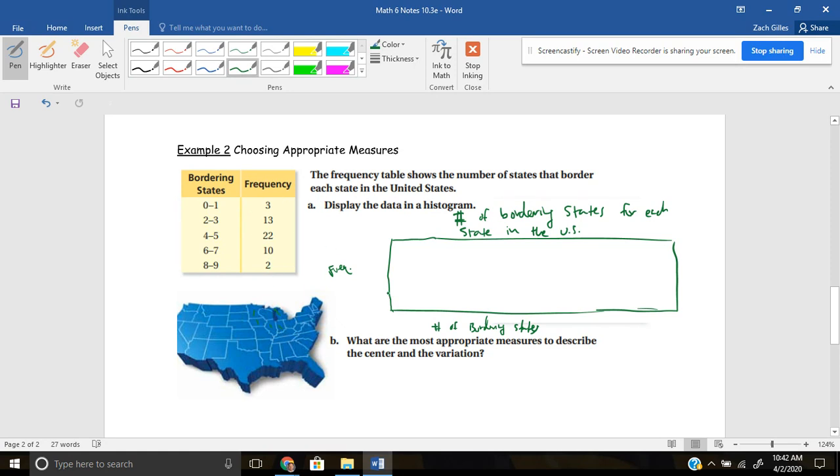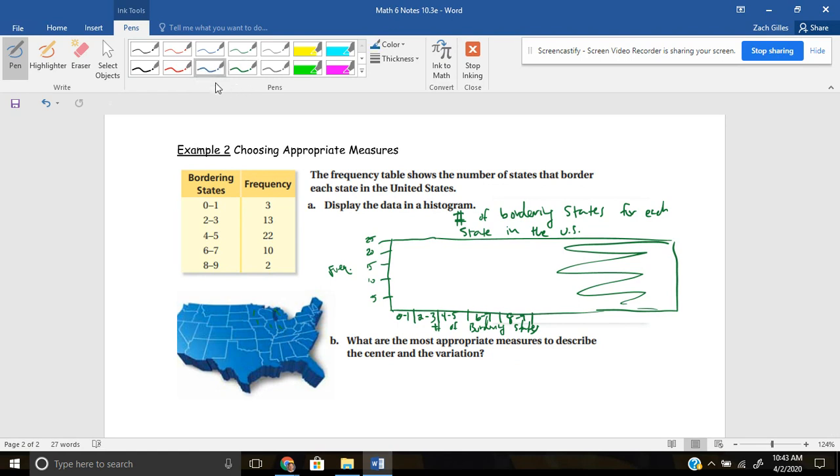So I'll just go by 5s, maybe 5, 10, 15, 20, 25. And then for my bordering states, I have 0 to 1, 2 to 3, 4 to 5, 6 to 7, and 8 to 9. I guess I didn't need to make it quite so big here.